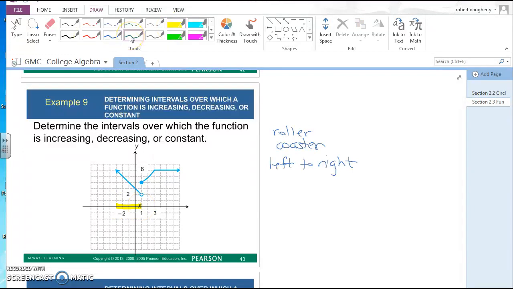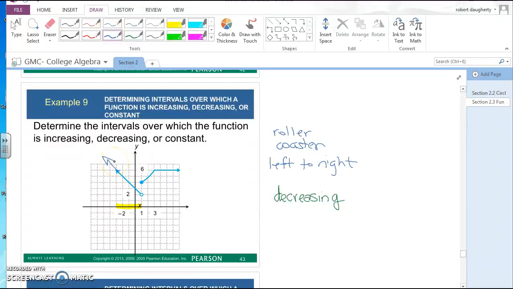So I know that this function is decreasing from, let me back up. This function has an arrow on the end of it. So right here, it's decreasing from negative infinity.